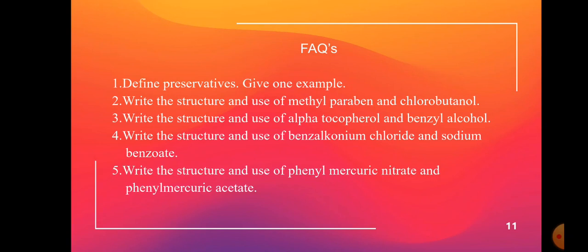Third, write the structure and use of alpha tocopherol and benzyl alcohol. Fourth, write the structure and use of benzalkonium chloride and sodium benzoate. Fifth, write the structure and use of phenyl mercuric nitrate and phenyl mercuric acetate.